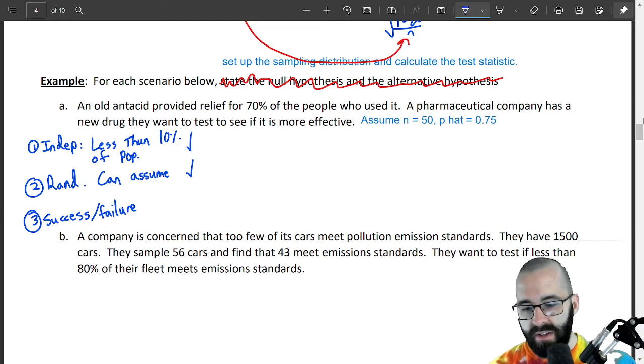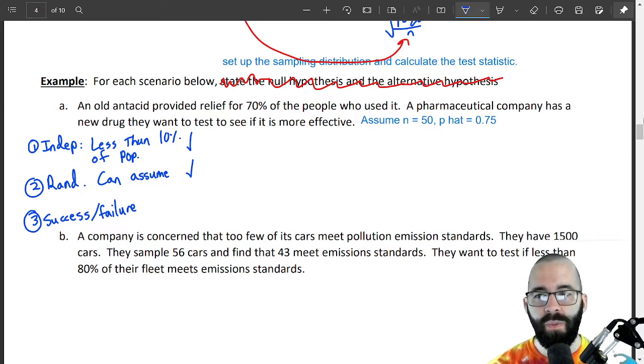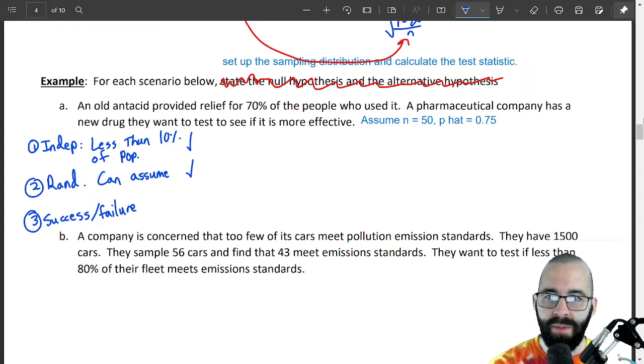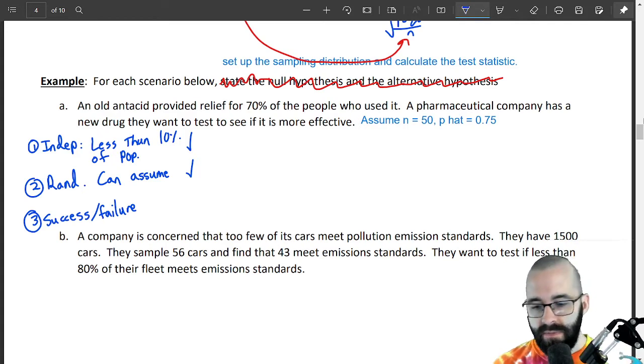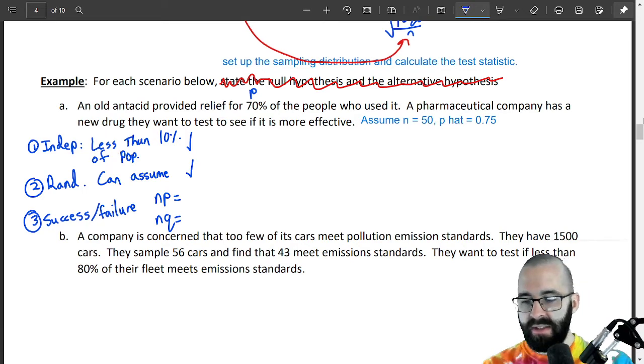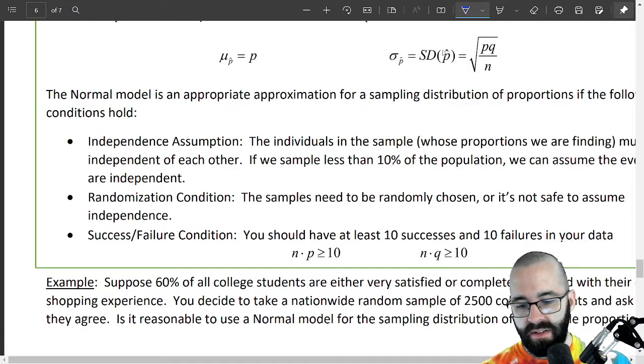And success failure, well, n is 50. Again, this is a slightly bugged problem, missing a little bit of information, but I'll provide you a little extra. Assume that n is 50. So what's n times p? And again, p is 70%. We'll have to calculate these. n times p is 50 times 70%.